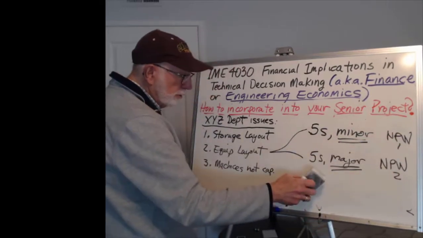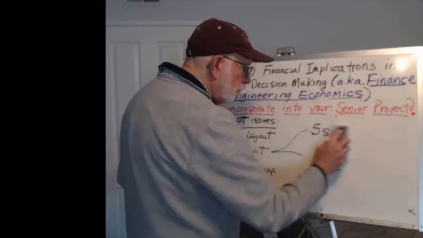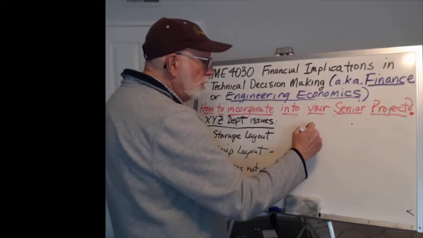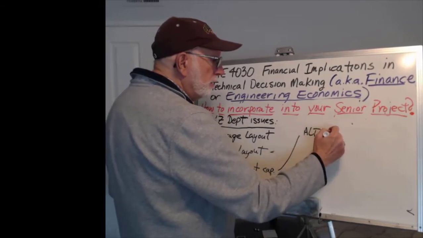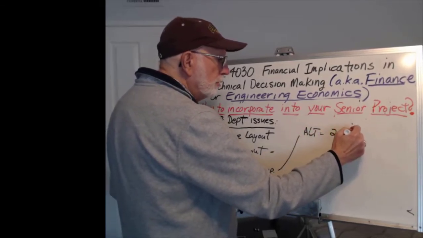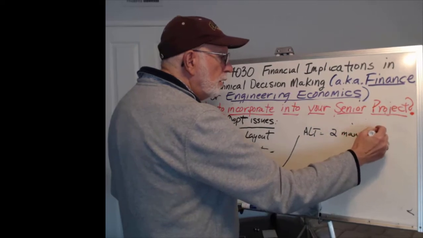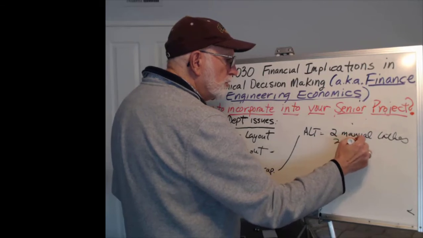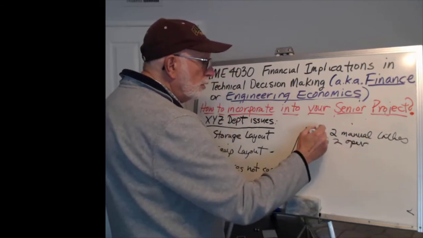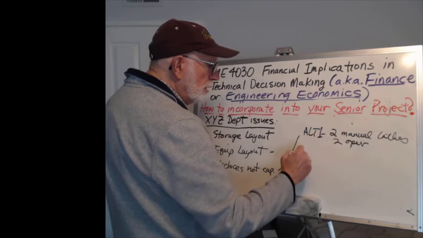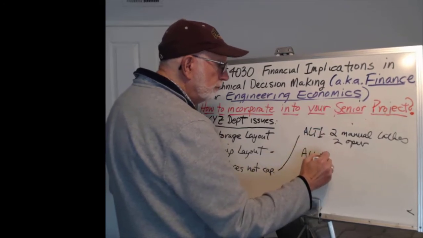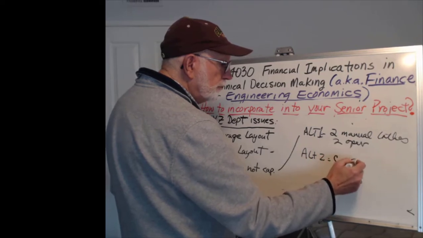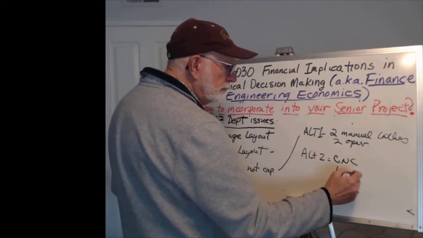And then for the machines not capable, let's look at what those alternatives might look like. Alternative 1 is you buy, say, 2 manual lathes and use 2 operators, 1 for each lathe. That's alternative 1. Alternative 2 is you buy a CNC machine and you have 1 operator.